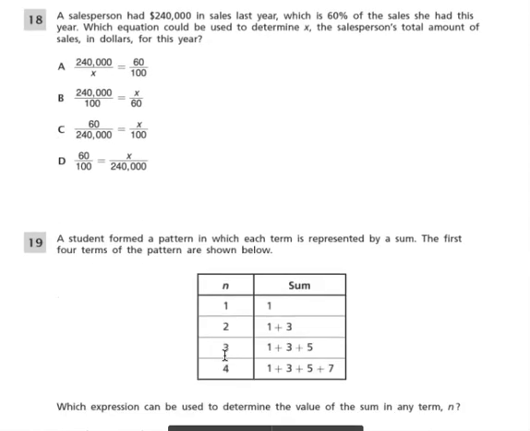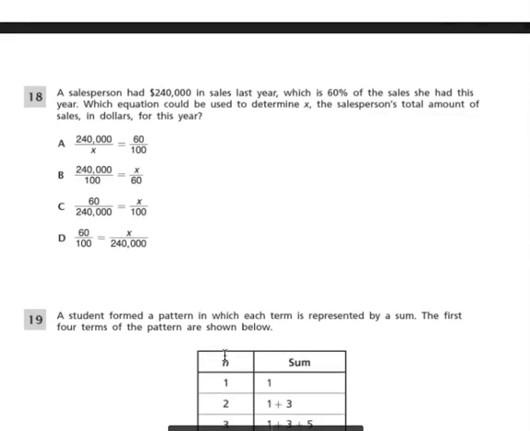Next question. Oh, this is proportion, guys. So a salesperson had $240,000 in sales last year, which is 60% of the sales he had this year. Oh, this is a percent problem. Which equation could be used to determine x, the salesperson's total amount of sales in dollars this year?